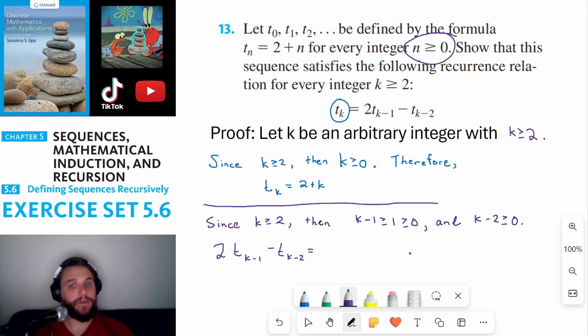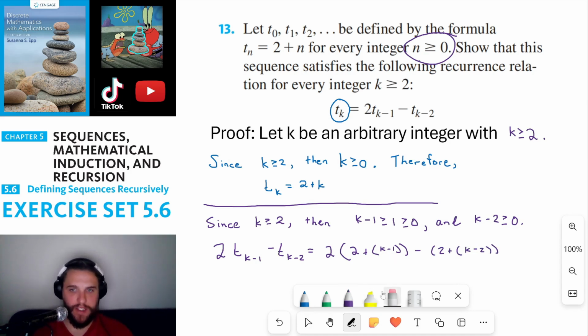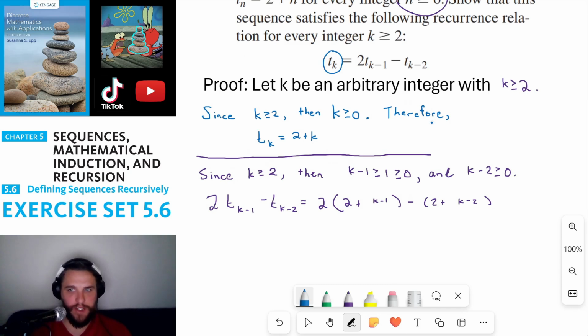So 2 times t sub k minus 1 minus t sub k minus 2 is just 2 times, and then by the explicit formula, this would be 2 plus, instead of n, it would be k minus 1, and then minus t sub k minus 2, which is just 2 plus k minus 2. And we can simplify this by dropping some of the parentheses, but not all of them. Some of these parentheses will simplify and distribute before we just drop them.